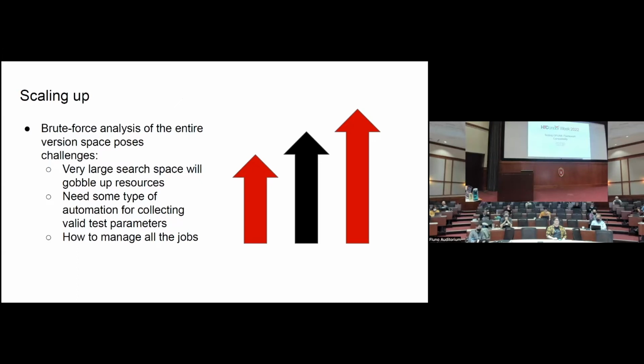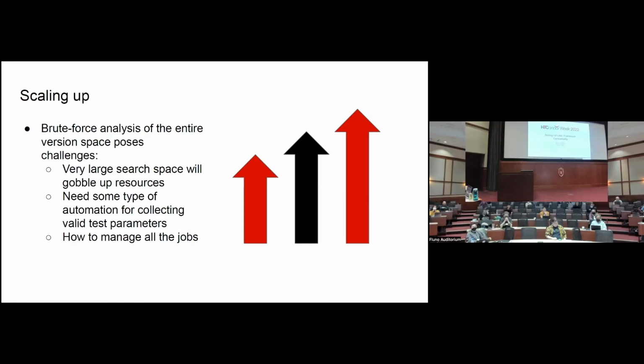The first is if we're testing frameworks like PyTorch, TensorFlow with different CUDA compute capabilities and different CUDA runtime libraries, the version space of things we have to test starts to grow combinatorically. And on an active system where research is being done, that'll start gobbling up resources and taking it away from the researchers who need those resources, which we don't really want to do with testing suites like this. So we need some way to kind of scale that search space back.